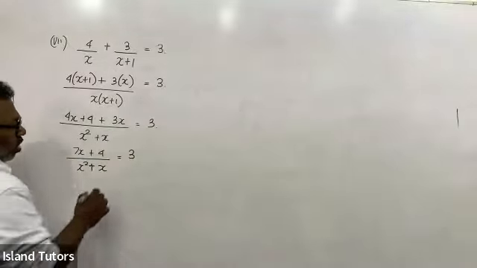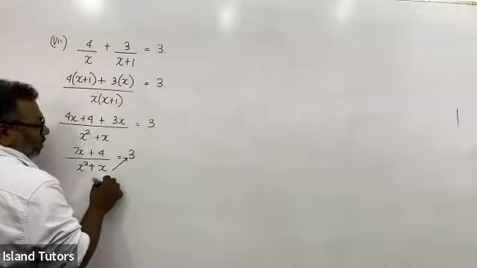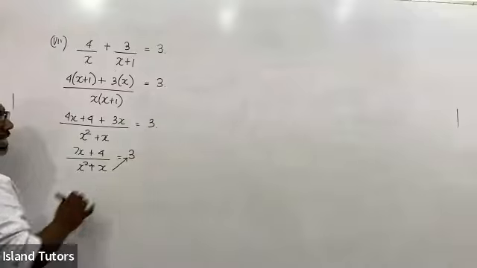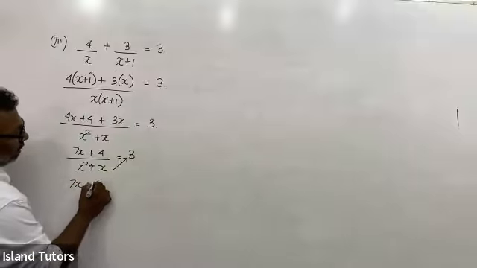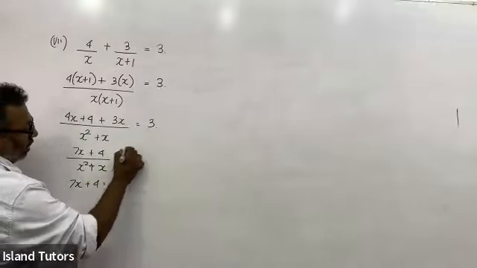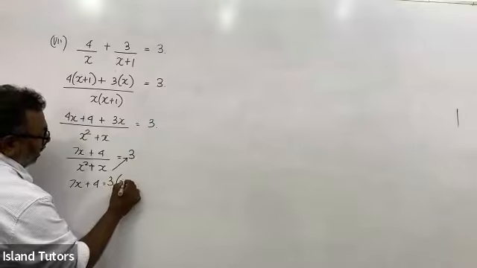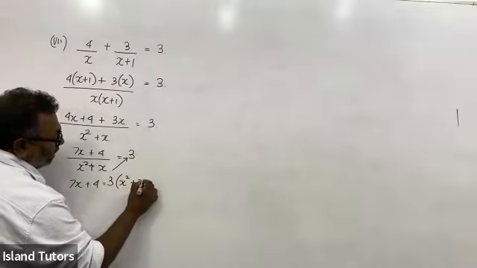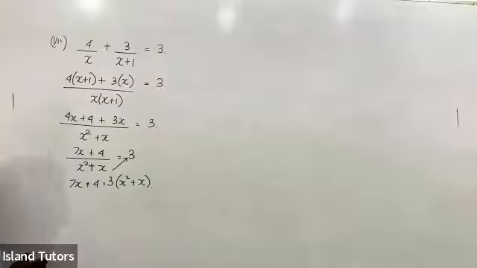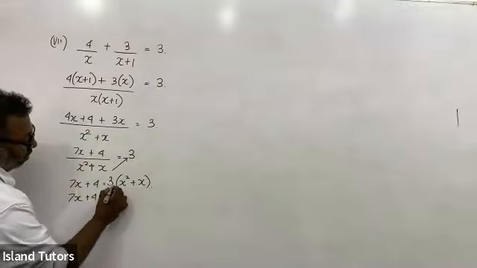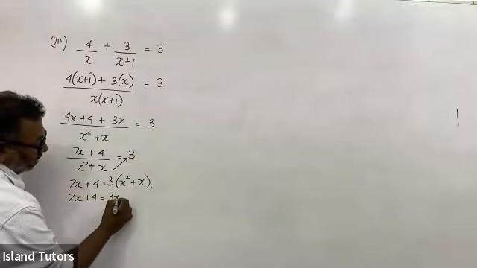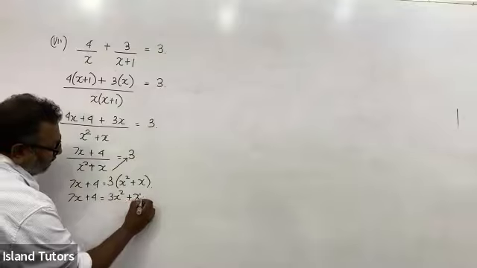Take the x squared plus x to the other side. What do you need to do? Cross multiply. Cross multiply, that's the easy way out. So 7x plus 4 is equal to 3 into x squared plus x. Right? Simplify. 7x plus 4 is equal to 3x squared plus 3x.